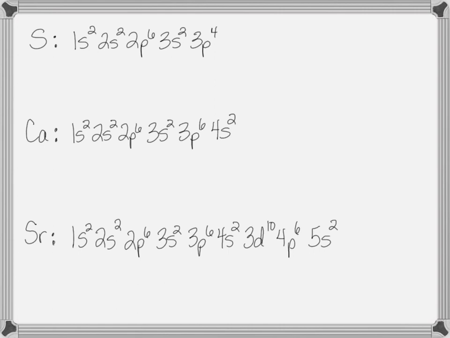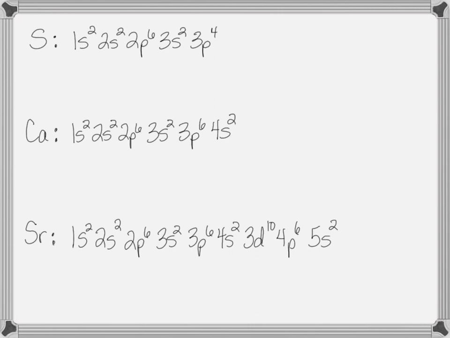A shortcut would be nice. Okay, we say shortcut because it is. It's also called a noble gas configuration. Sometimes it's referred to as the condensed. Where are the noble gases? Group 18. Look at sulfur. Sulfur has 16 electrons. Agreed? What noble gas comes closest to sulfur without going over?